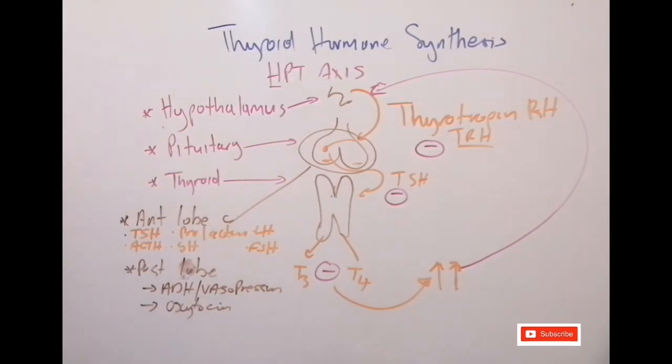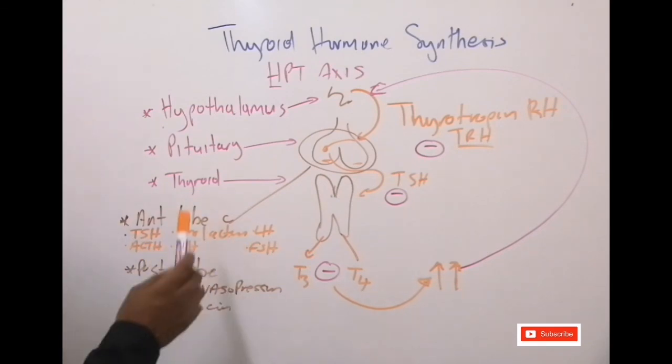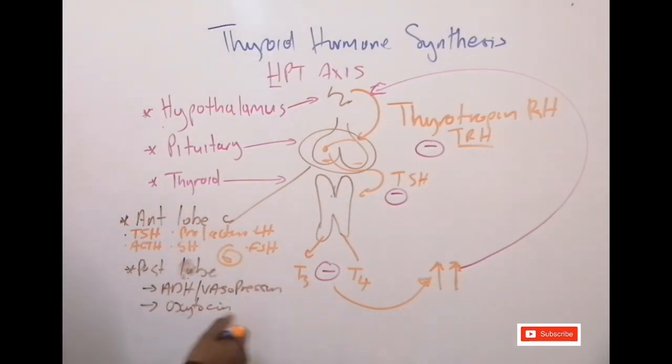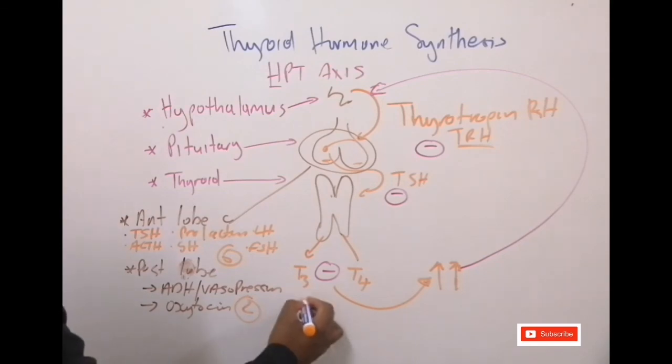So what is important to note here is that the anterior pituitary secretes about 6 hormones, while the posterior secretes only 2, which means the pituitary secretes about 8 hormones in total.